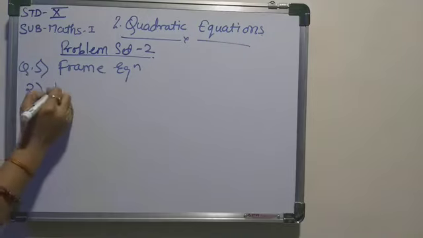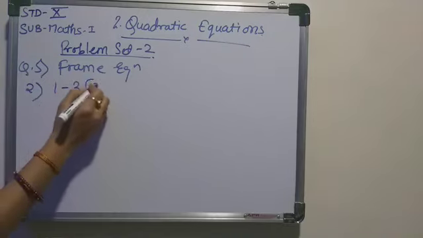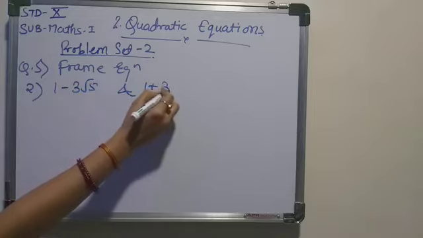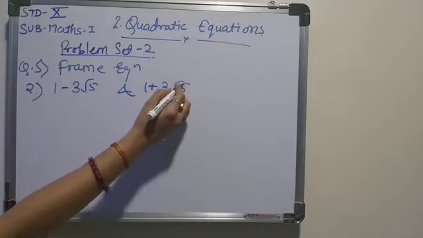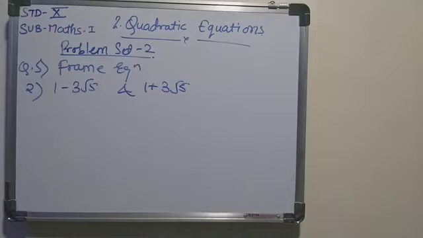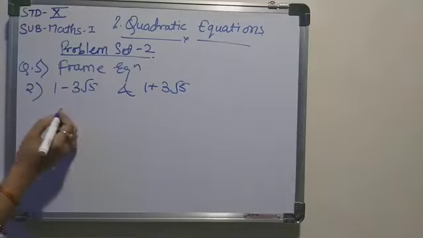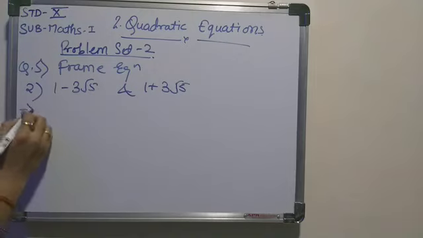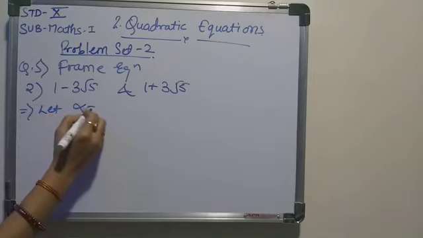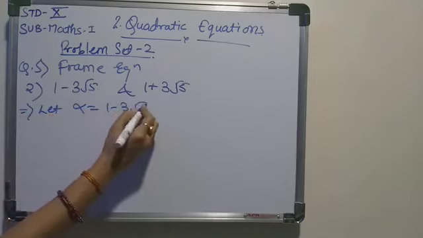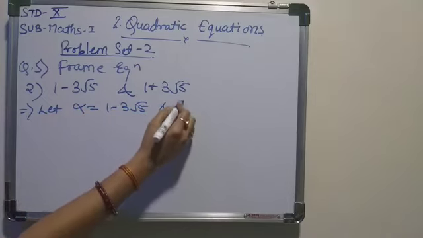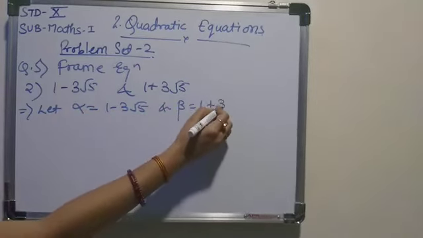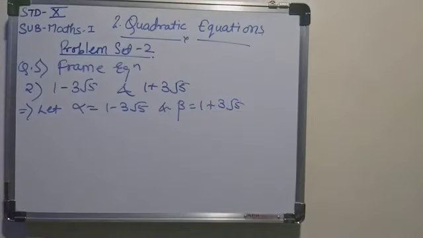They have given you 1 minus 3 under root 5 and 1 plus 3 under root 5. One is alpha, another one is beta. These are the roots of the quadratic equation. So let alpha equal 1 minus 3 under root 5 and beta equal 1 plus 3 under root 5.